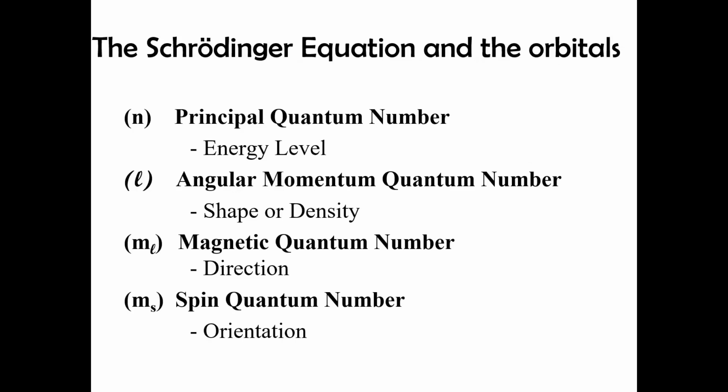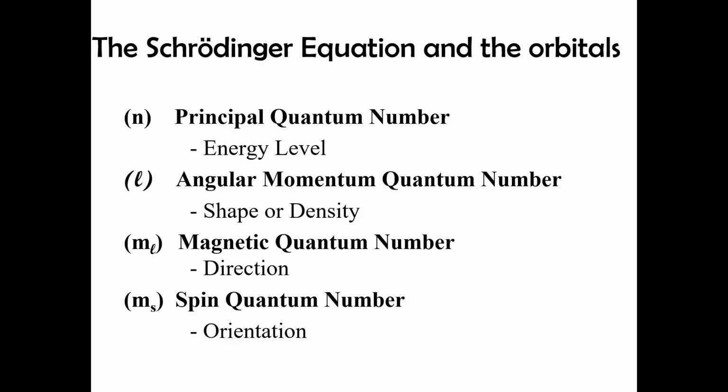Okay, so here are the four quantum numbers. N, L, M sub L, and M sub S, right? So principal quantum number, energy level, like I said, the energy. The second one is angular momentum, or the shape, right? Does it have an S shape? We have S, P, D, F, all kinds of different shapes. And I have pictures of these that I will show you that are quite interesting.